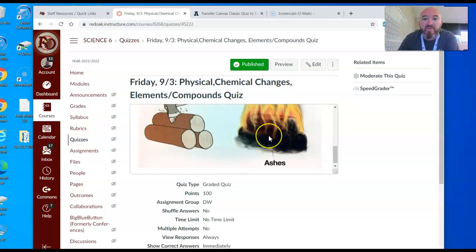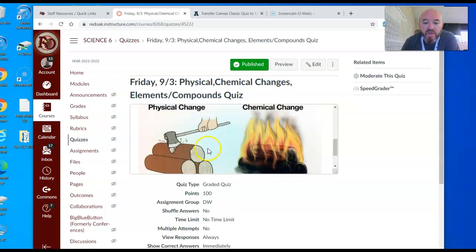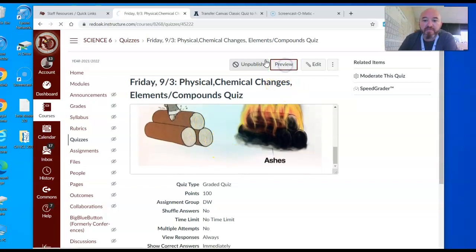A chemical change is when we actually form a new substance. When you burn something, you burn a log, it turns into ash. That's a new substance. When a gas is created, that's forming a new substance. Think back to the liver lab. Think back to the purple cabbage lab, when the cabbage pH changed when we exposed it to different substances. Okay, let's go ahead and begin.